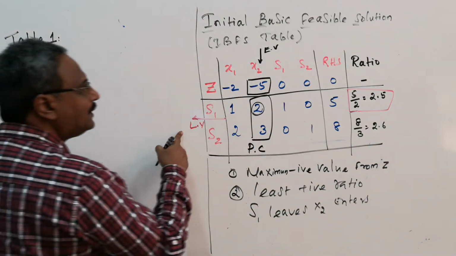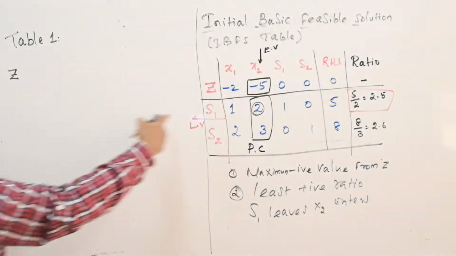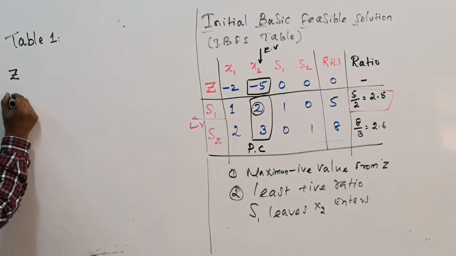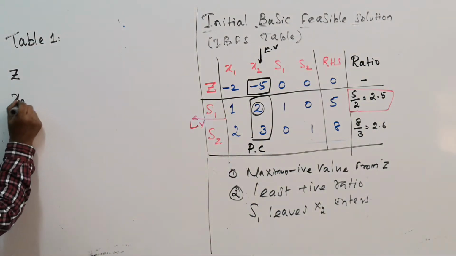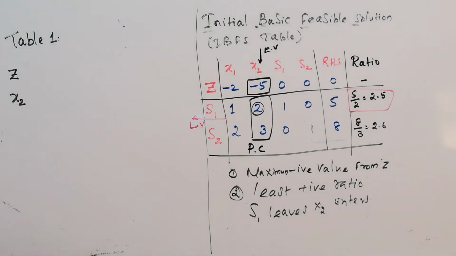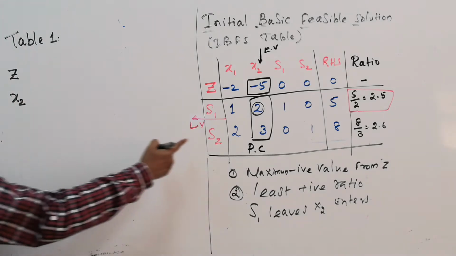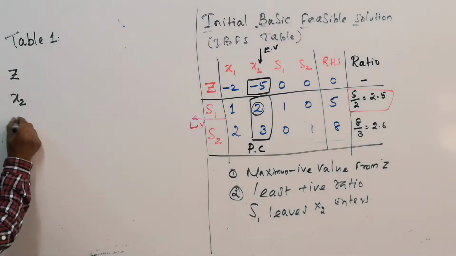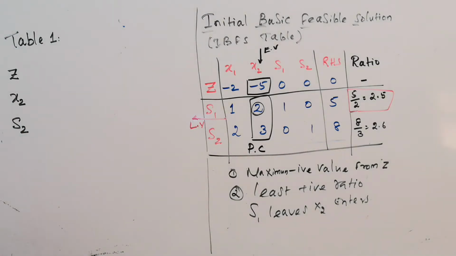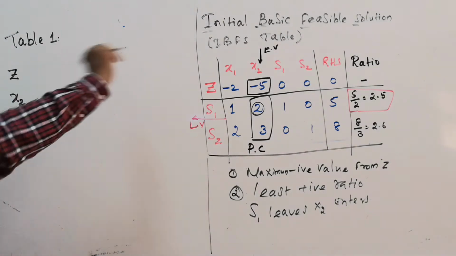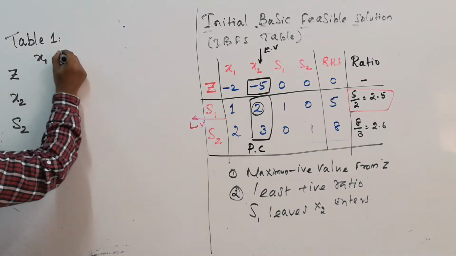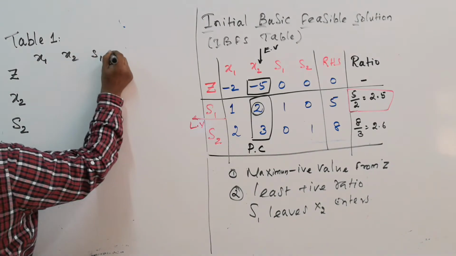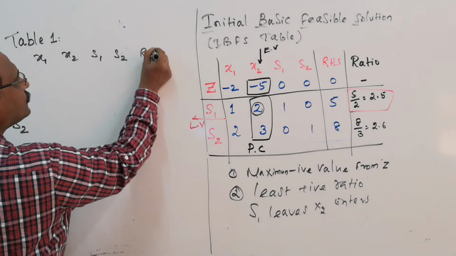S1 is the leaving variable, X2 is the entering variable. So in place of S1, I am going to take X2. There is no change in S2, so I am going to keep S2 as it is. Column wise there is no change: X1, X2, S1, S2.